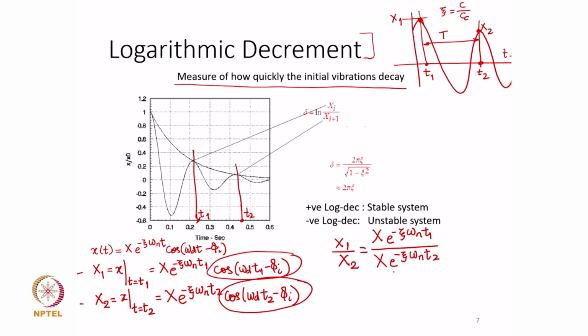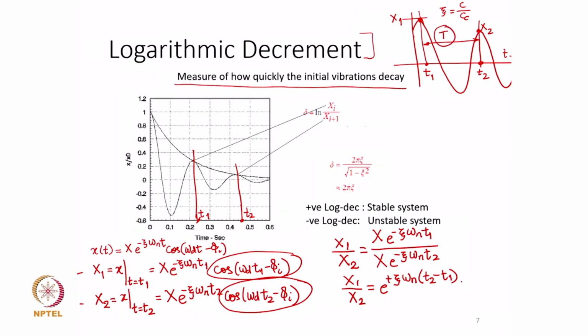So, I can write this x1 over x2 as e to the power minus zeta omega n, what is that, t1 minus t2. So, I can use this as t2 minus t1, isn't it. So, what is t2 minus t1? It is this capital T.